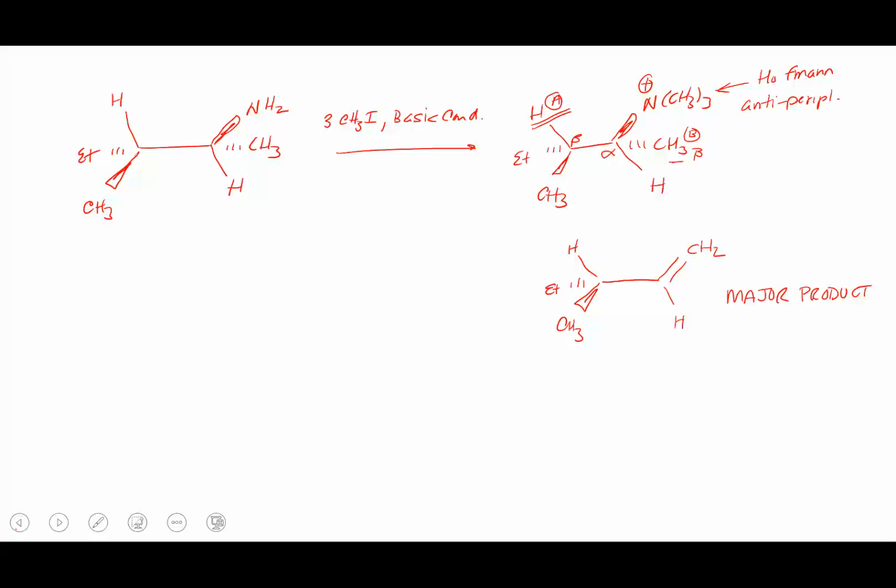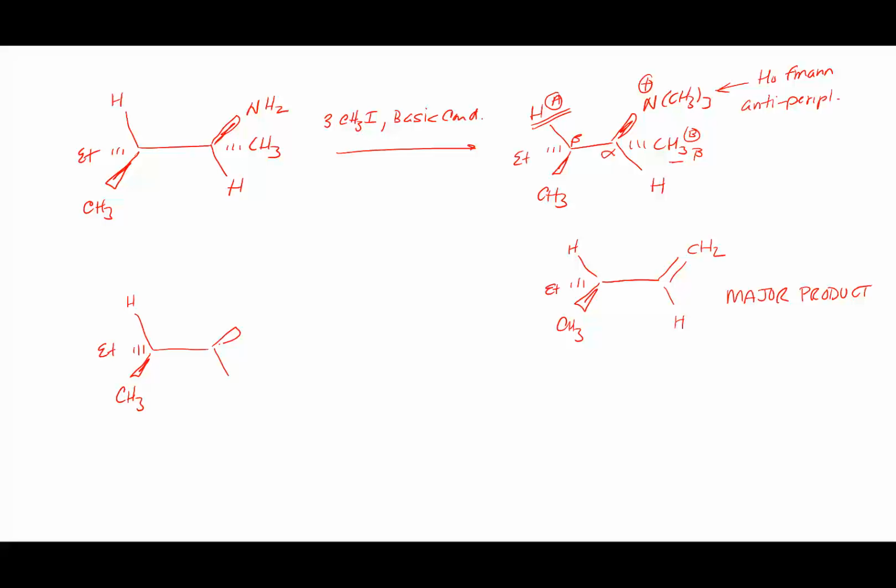So now what I've got to do is put that beta hydrogen A into an anti-periplanar geometry. The hydrogen I've already put in an anti-periplanar geometry.